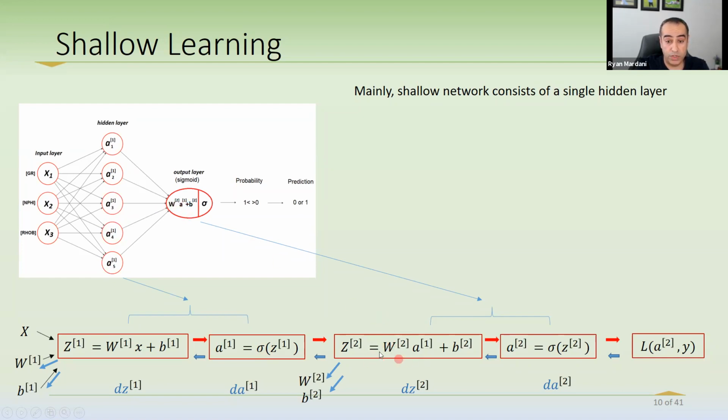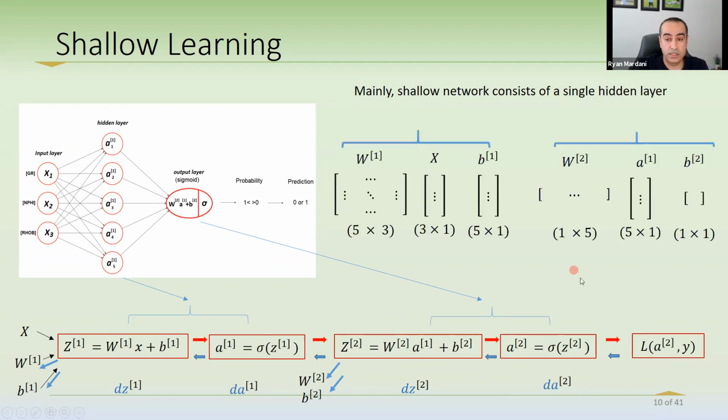In that shallow example, we go from Z to calculate the same, and finally we receive the loss function. The red arrow, going from left to right, is forward propagation, and going the other way, I will cover in the next slides because it has a lot of derivation problems. But the point in a neural network is keeping your matrix sizes very true and very compatible together.